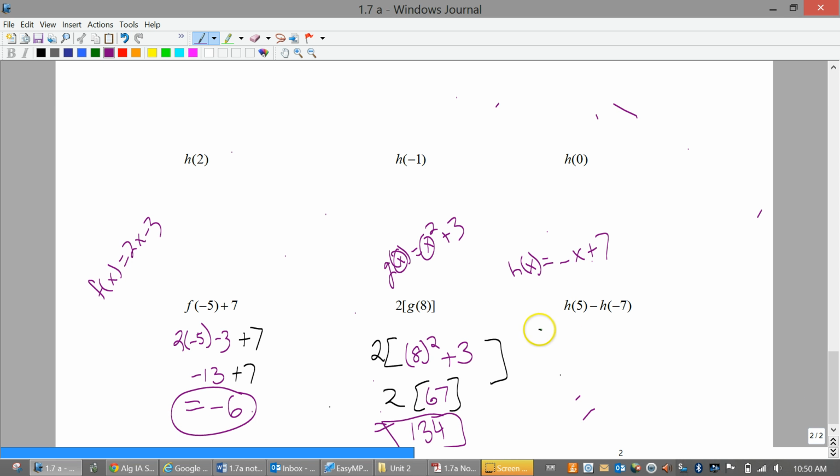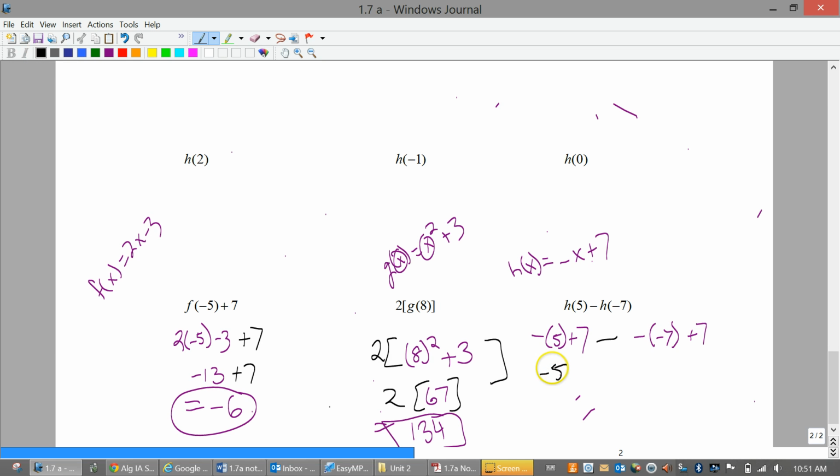So for this one, we're going to do -5 plus 7 for the first set. Then for the second set, we're going to do -7 plus 7. Notice we replaced x with 5 in the first set, and then we replaced x with -7 in the second set. Okay, and we're going to figure out what that winds up becoming.